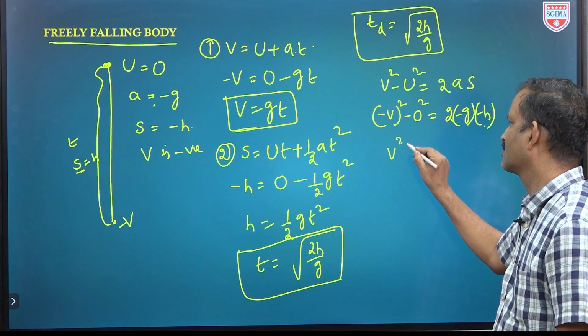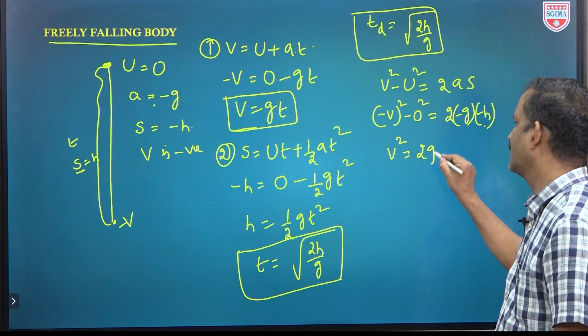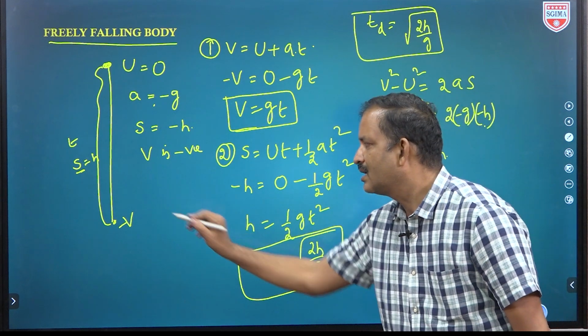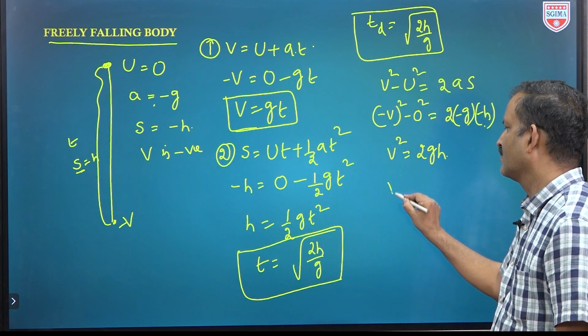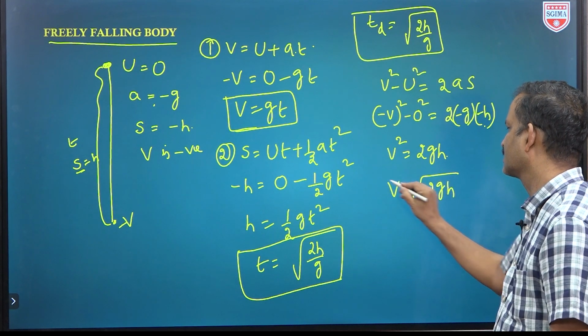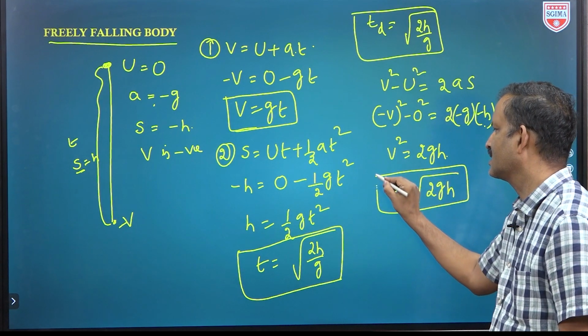Then v square is equal to 2gh. So, what is the velocity when it reaches the ground? v is equal to root of 2gh. This is the velocity when it reaches the ground.